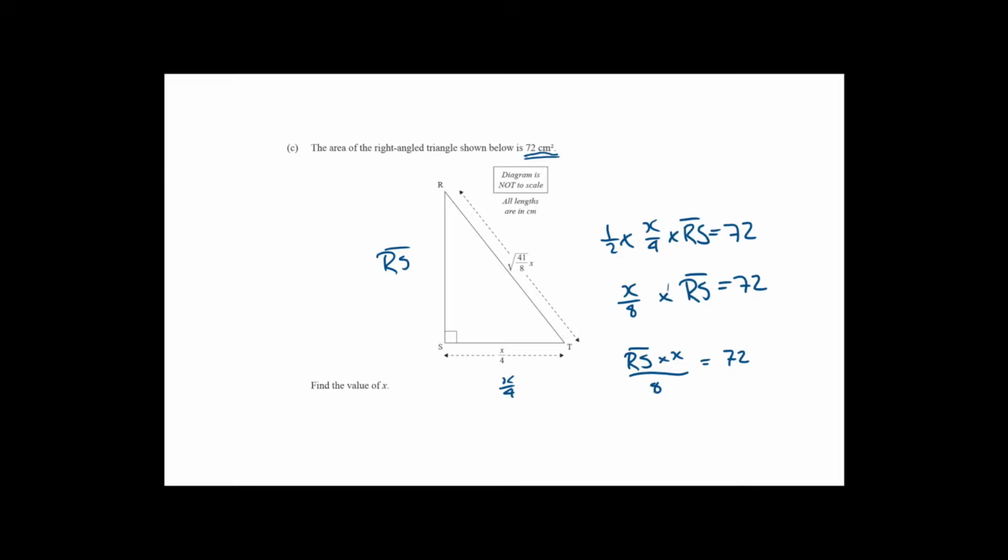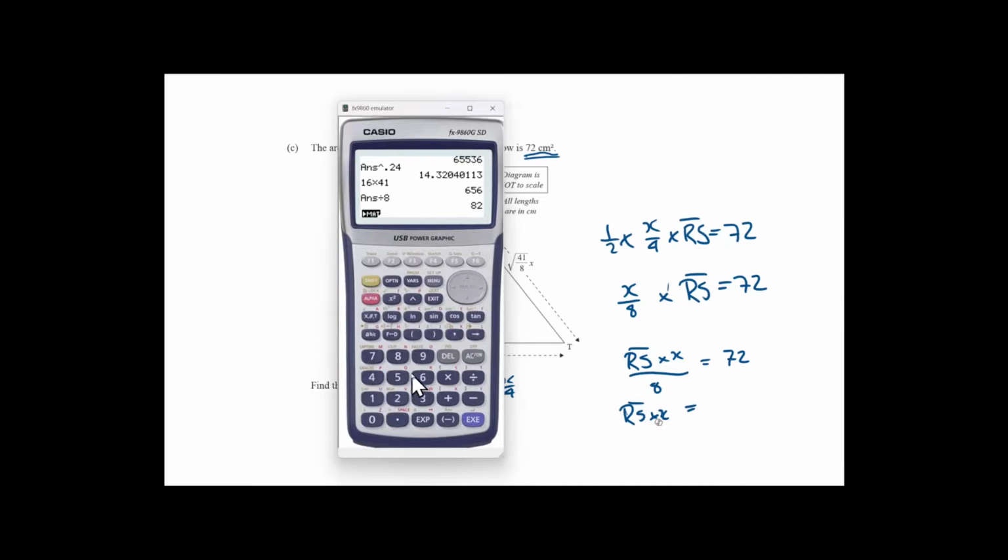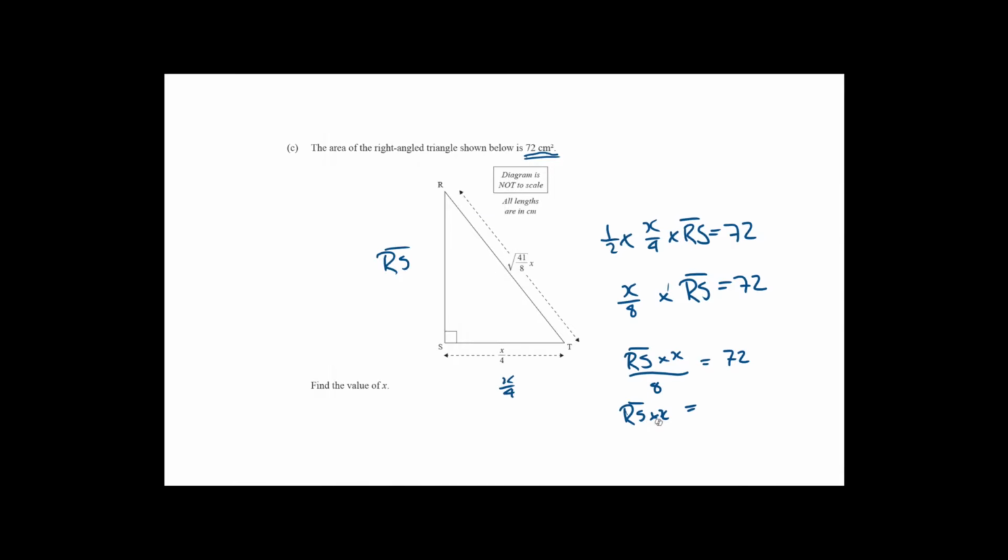And I'm going to multiply out the 8 here. So RS times x is going to be 72 times 8. Grab a calculator. 72 times 8. 576.